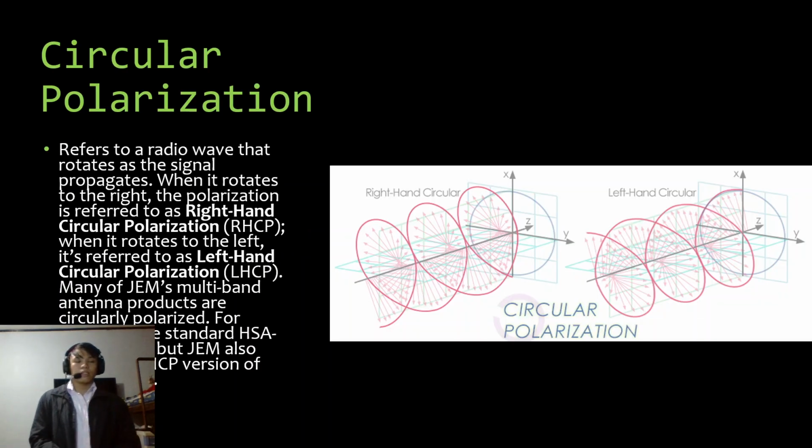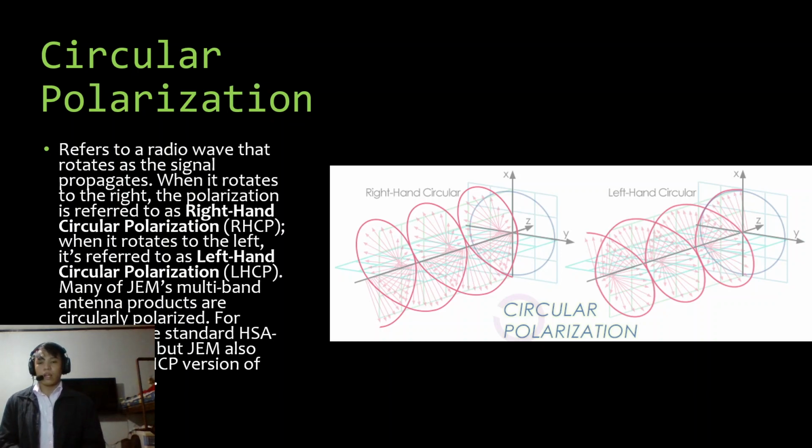So the next one is the circular polarization. It refers to a radio wave that rotates as the signal propagates. When it rotates to the right, the polarization is referred to as right-hand circular polarization.